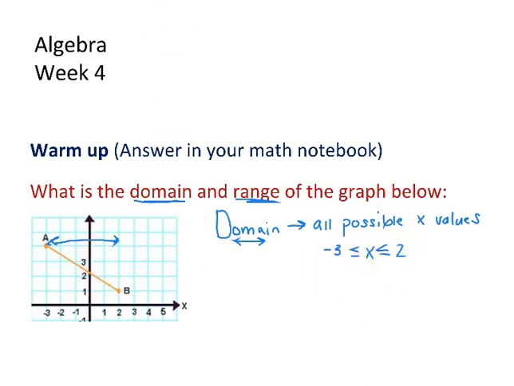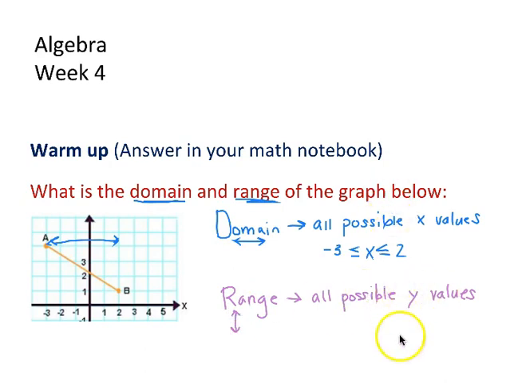What about the range? Let's do this in purple. So remember, the range is all of our possible y values. And since we're talking about our y values, we're talking about the vertical values.